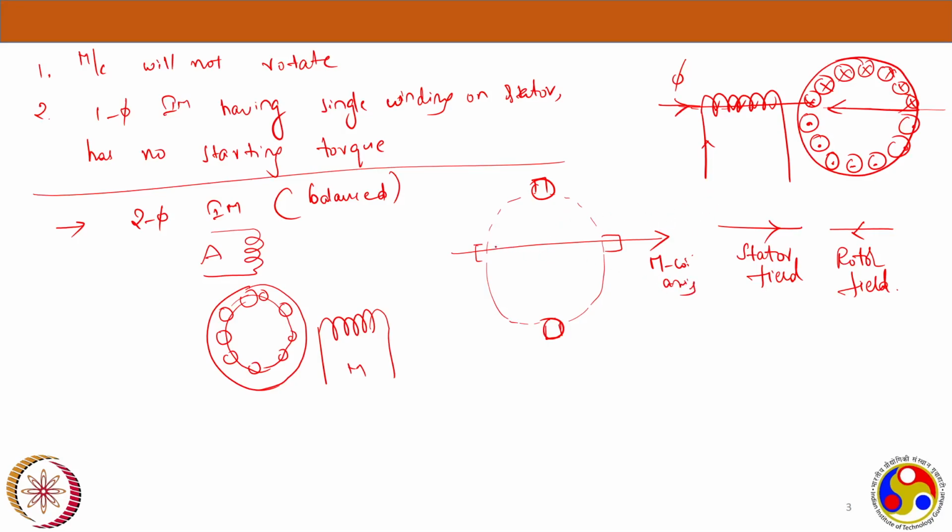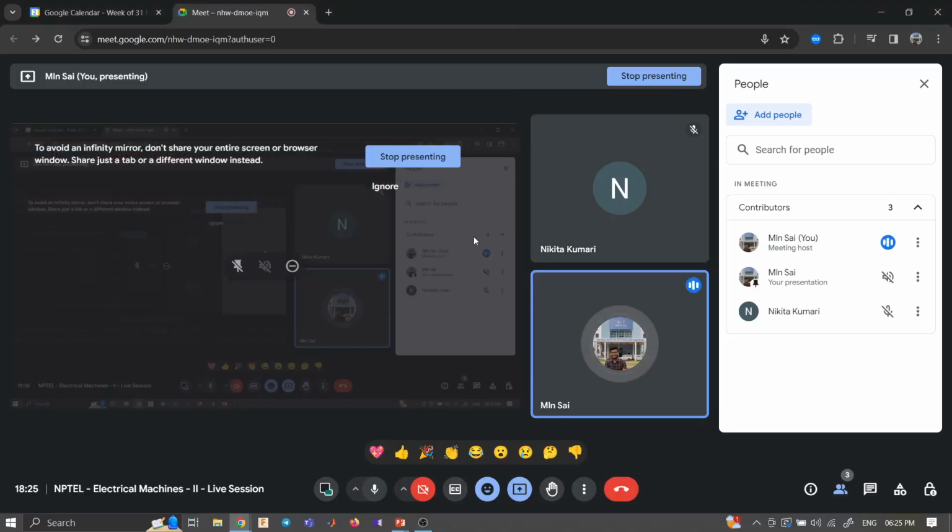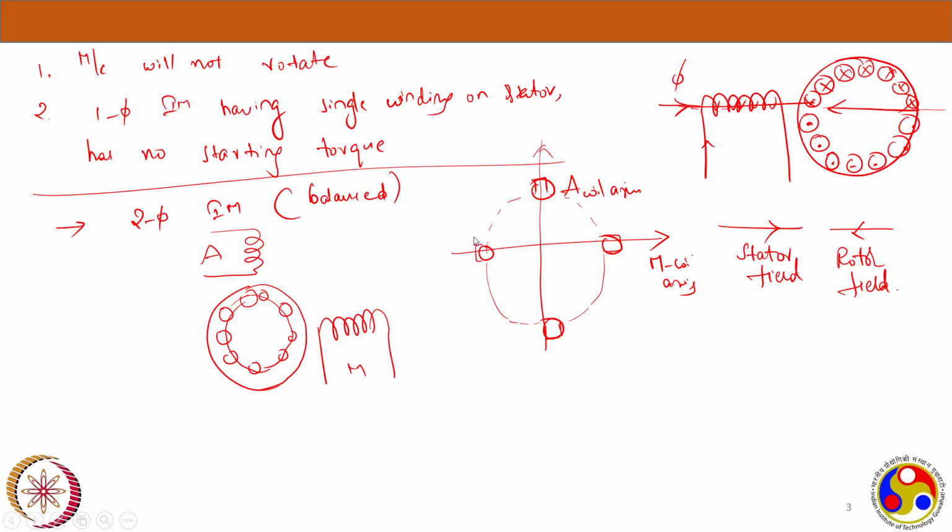That is the M coil axis. Now if you place a similar auxiliary winding on these two slots, you will get the coil axis using the thumb rule. This is how these two axes would look.